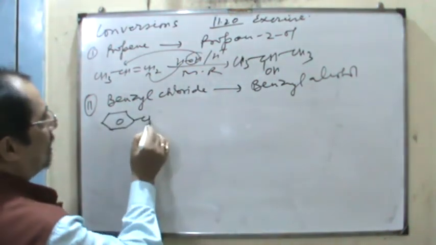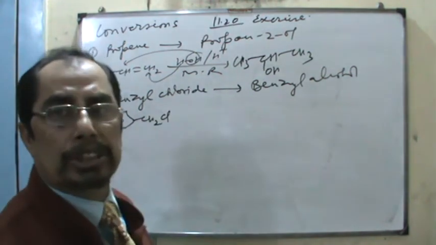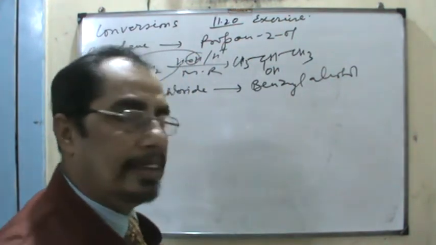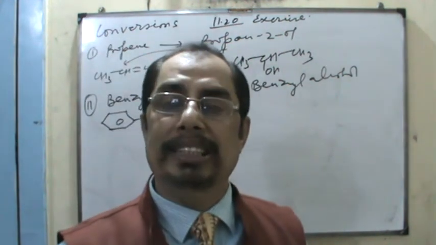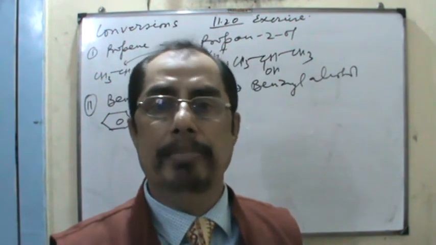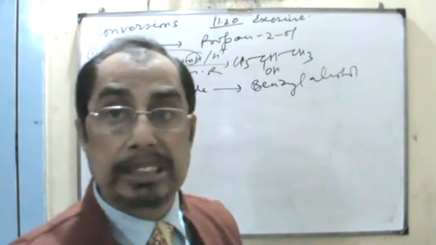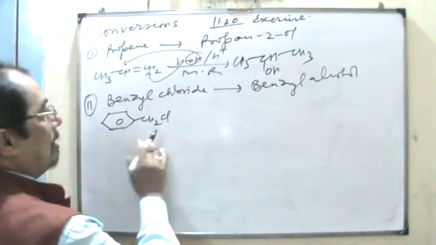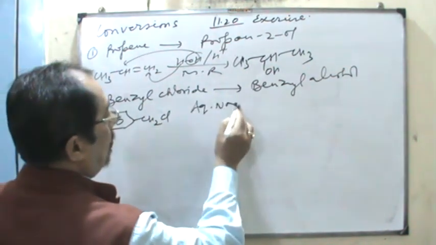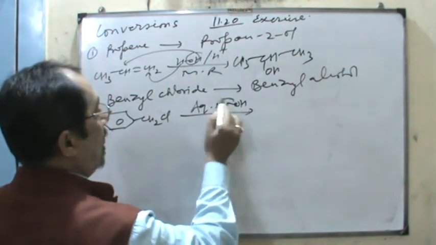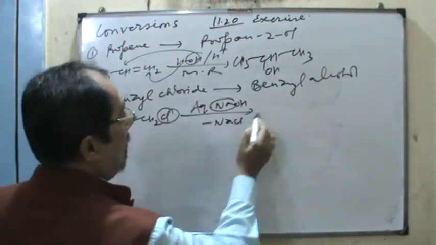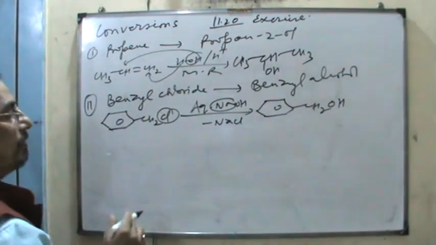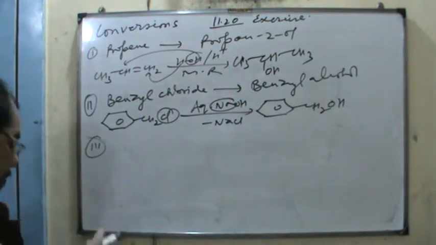In the back-to-back class I explained conversions in an exhaustive way, because conversion requires practice based on the methods of preparation and the chemical properties. If you have command over these two parts, then conversion is a very simple part. See, benzyl chloride, when treated with aqueous NaOH or KOH, undergoes a nucleophilic substitution reaction, minus NaCl, and forms benzyl alcohol, right, 1-phenylmethanol in the aliphatic system of nomenclature.